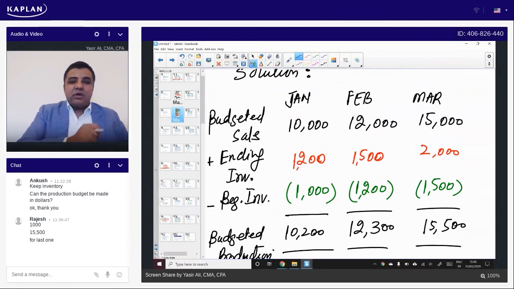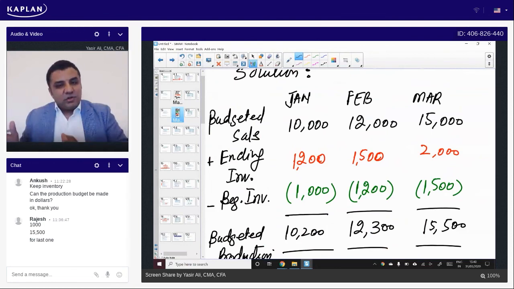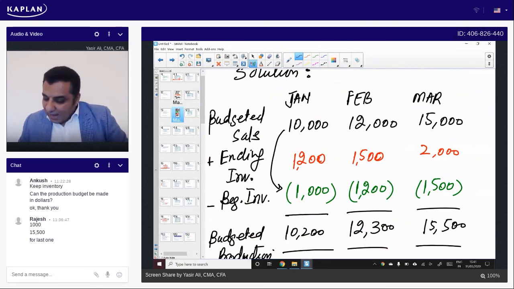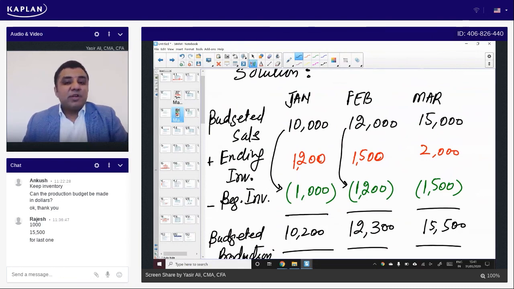So ending inventory for December would be beginning inventory for January. But there's a shortcut. You can see the beginning inventory for January is 10% of January's sales, the beginning inventory for February is 10% of February's sales, and beginning inventory for March is 10% of March's sales.